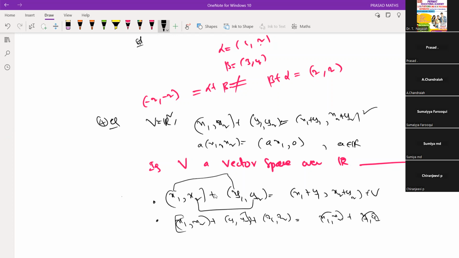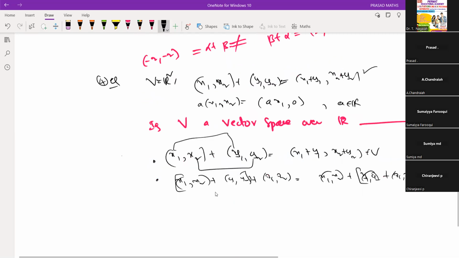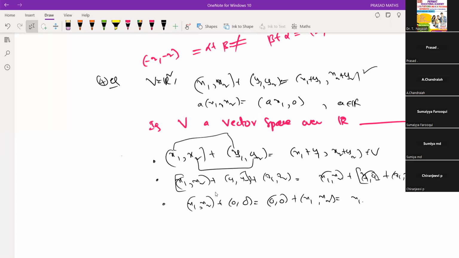y1, y2 plus z1, z2. So it is associative. What is the identity element? 0, 0. What is the inverse of the element x1, x2? Minus x1, minus x2.